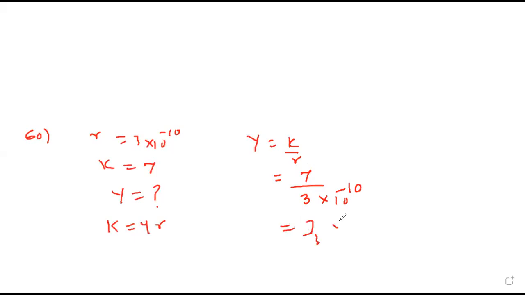So 7 by 3 into 10 raised to 10. 3 into 2 is 6, remainder 1, 3 3 is a 9. 2.33 into 10 raised to 10, option D. Done, sir.